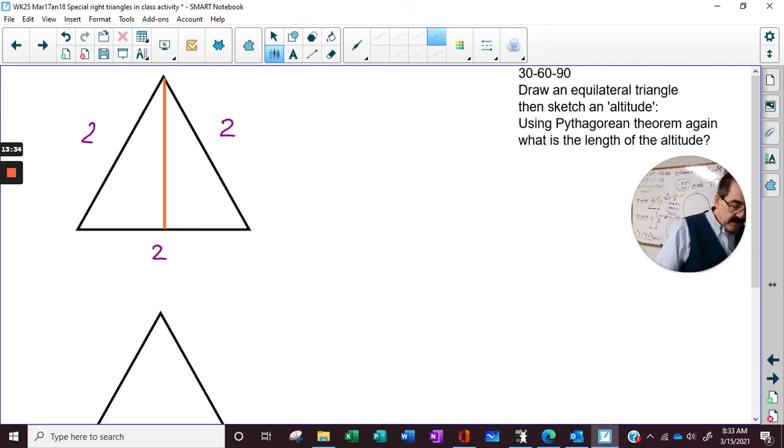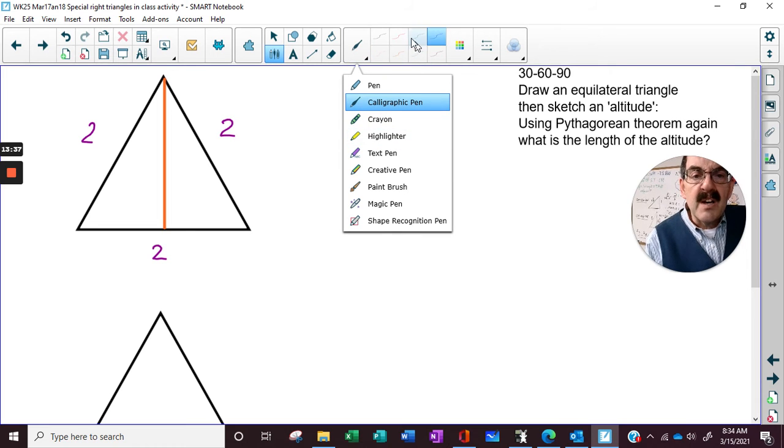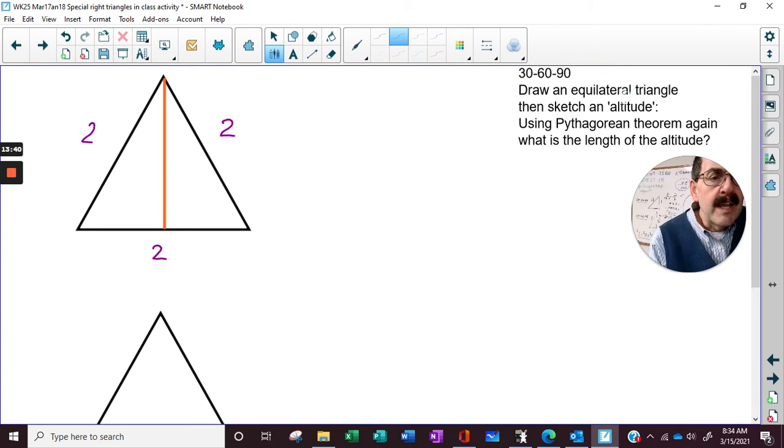So on your paper, you have an equilateral triangle. The first thing we want to do is remind ourselves of what it means to be an equilateral triangle. So, take a moment and mark all the angles. 60 degree, 60 degree, 60 degree.